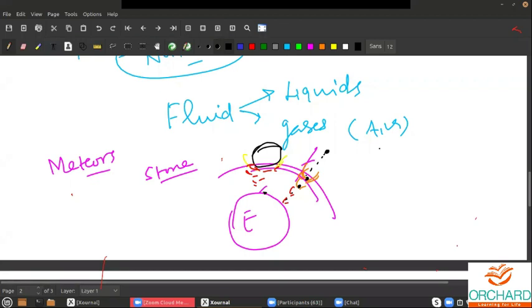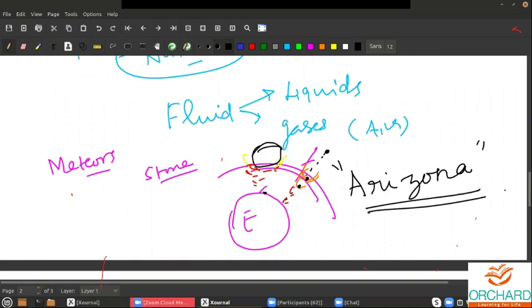Such a stone was coming and it was hitting a portion of the ground. Arizona is a place in the United States of America, where the air friction was insufficient to burn the entire stone. You can see, even now, there is a hole in the surface of the earth like this.